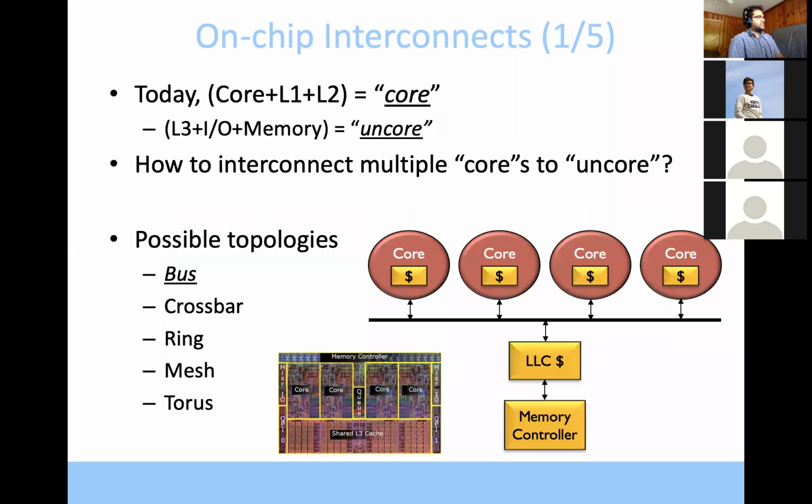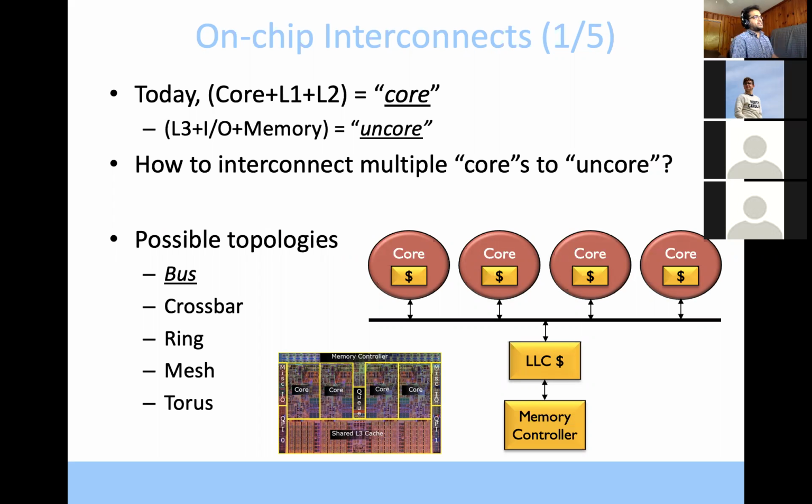So when you look at designing a chip, like a single chip with multiple processors, there are many possible ways to connect each core to the shared set of resources, which Intel likes to call the uncore.